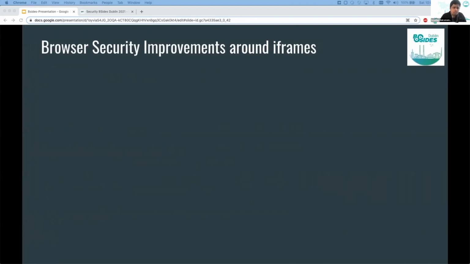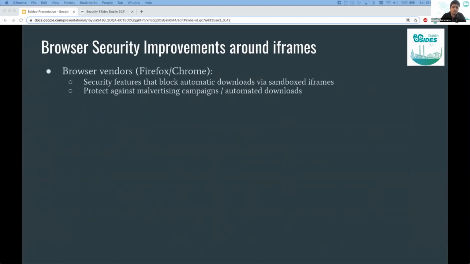One note around browser security improvements around iframes that happened, I believe, last year. Sometime in July, the Chromium and Firefox teams came up with some security controls over sandboxed iframes.